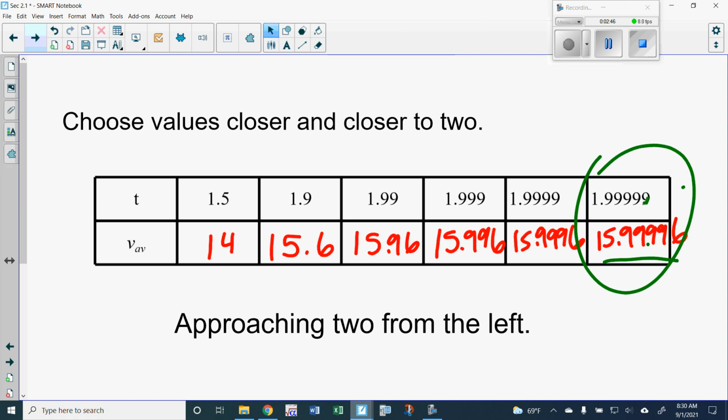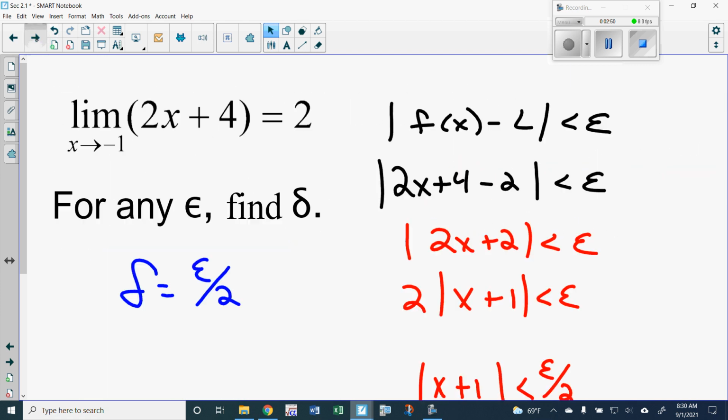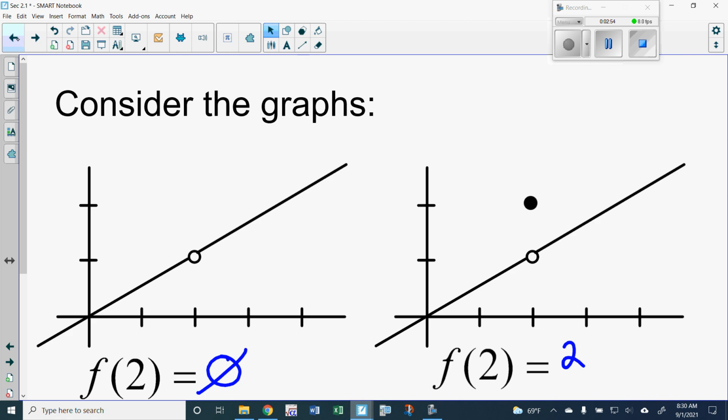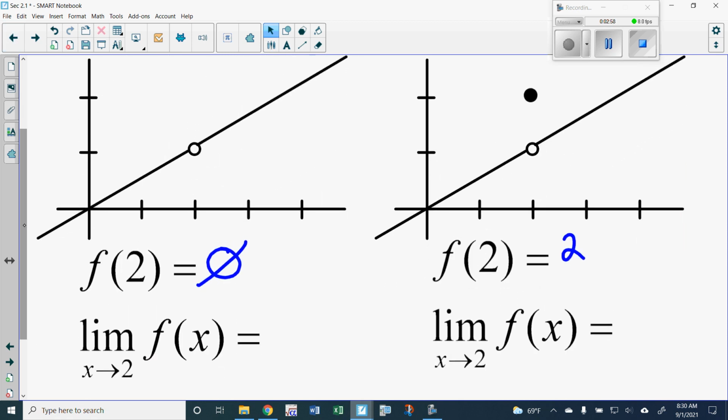So if we go back to that graph, make this closer together. And you think of here, as you get close to 2, if somebody's walking on this graph, what do they get close to?